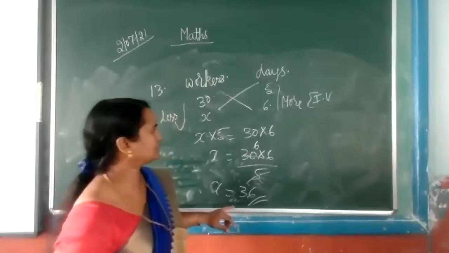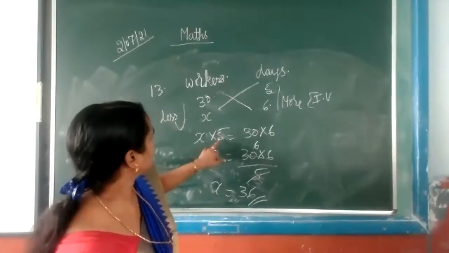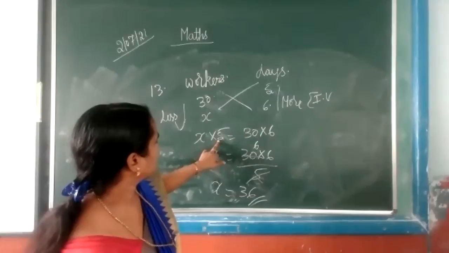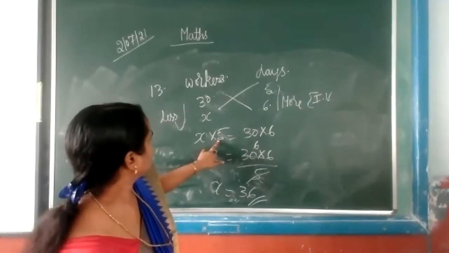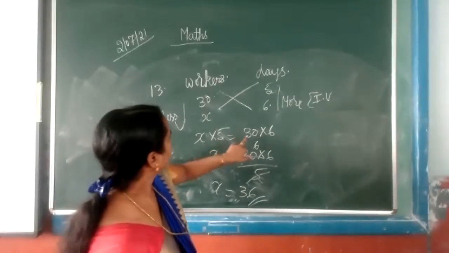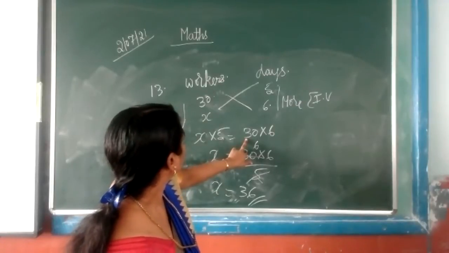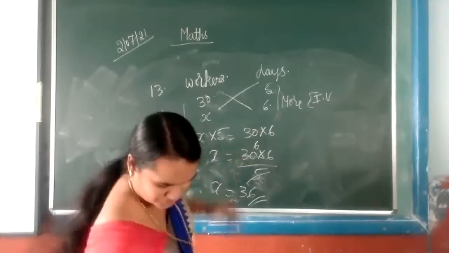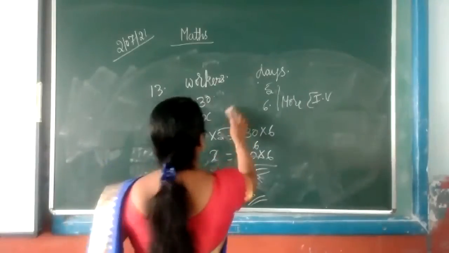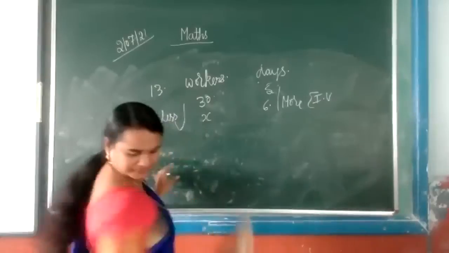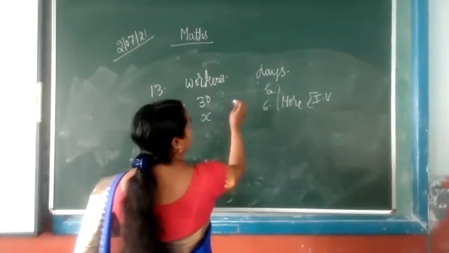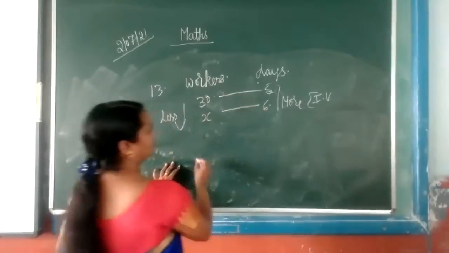Wait. Sorry, I made a mistake here. Indirect variables means direct multiplication we have to do.